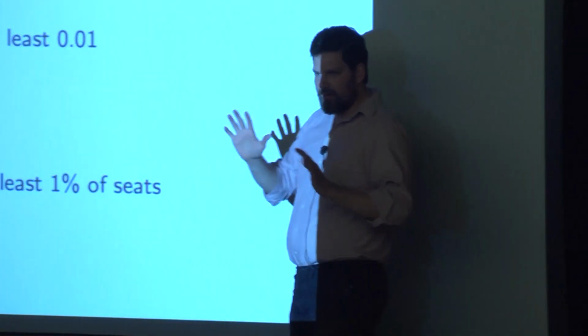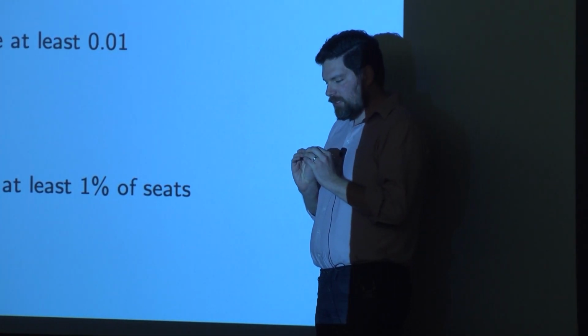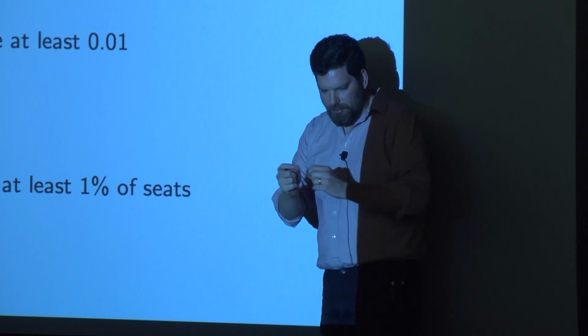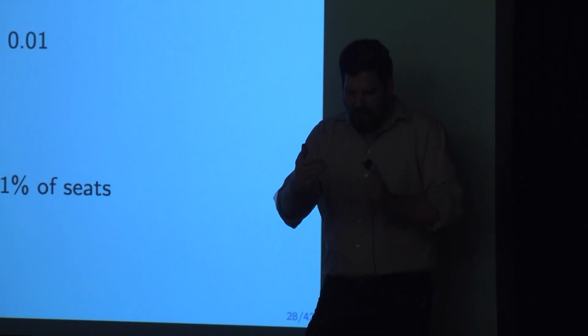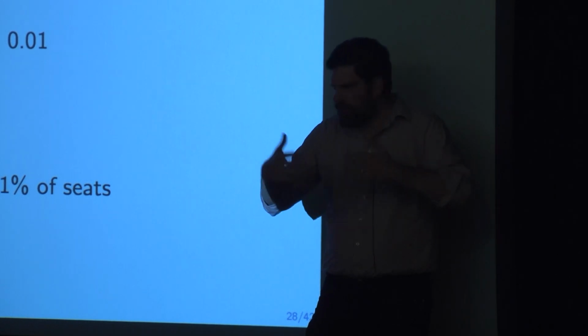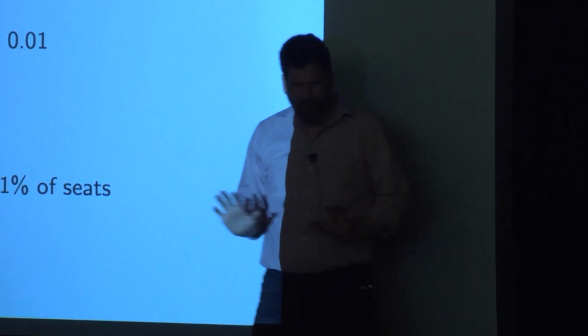It turns out that all you have to ask for is that on both parties, the proportion of people that voted is not equal, but close enough, okay? Like this is close enough to 1. You know what I mean? That's all I need.